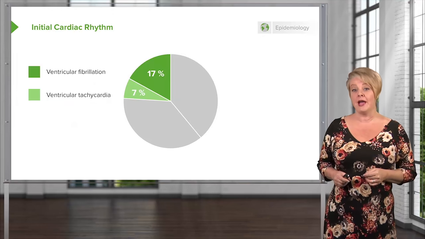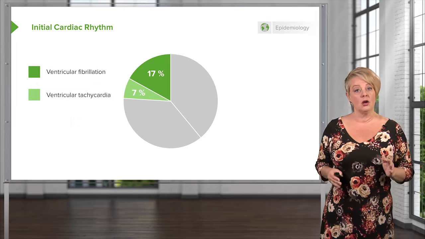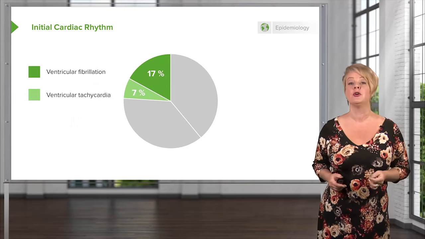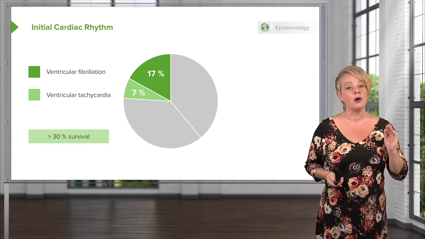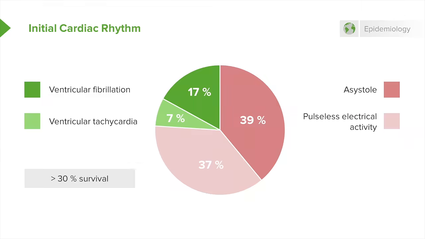When you look at the cardiac rhythm in patients with cardiac arrest, about a quarter have either ventricular fibrillation or ventricular tachycardia, which are known as the shockable rhythms. Among those patients, you have about a 30% survival rate. The remaining rhythms, which are pulseless electrical activity and asystole, only produce about a 10% survival rate.